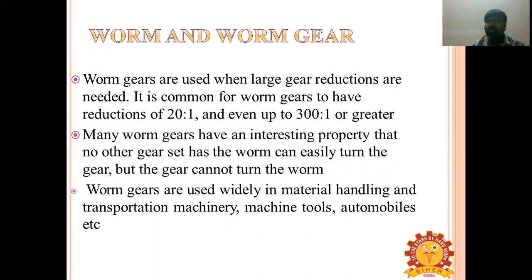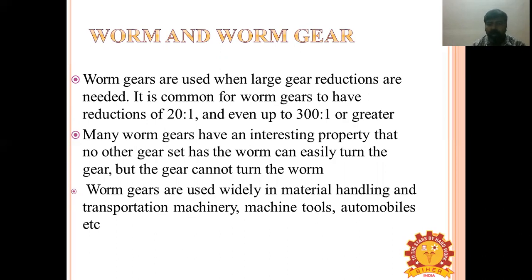A worm with one thread is called a single threaded worm, and a worm having two, three, or four threads is called double, triple, and quadruple threaded, and vice versa. They are used for high speed ratios up to 500:1. The spiral angle of the worm thread for maximum efficiency is slightly more than 45 degrees.